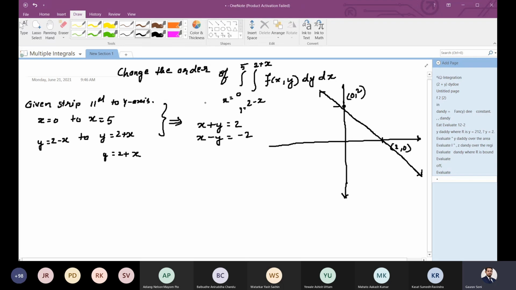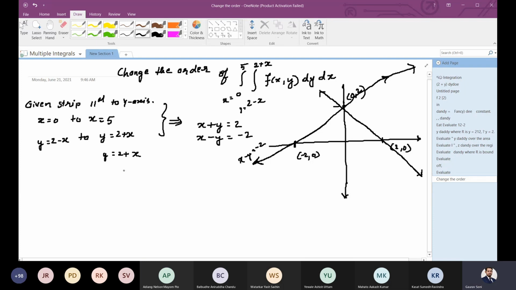So the 2 points that we get here are: put y equal to 0 and get x equal to minus 2, so minus 2 comma 0. If you put x equal to 0, you get y equal to 2. This is the another line, the line x minus y equal to minus 2.